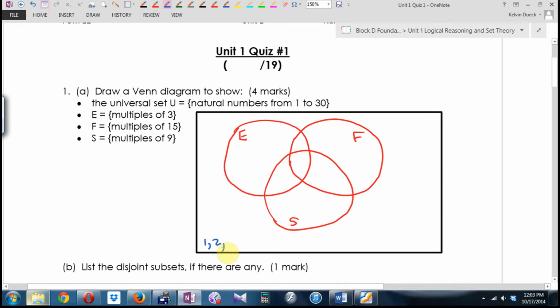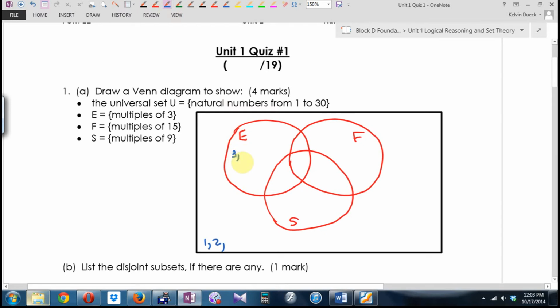Now I got to think. In E and F, in E, let's see here. So 3 belongs to this. Does 15 go into 3? No, 3 goes into 15, but that's not what multiple means. Does 15 go into 3? No. Does 9 go into 3? You know what? 3 is going to go right there.